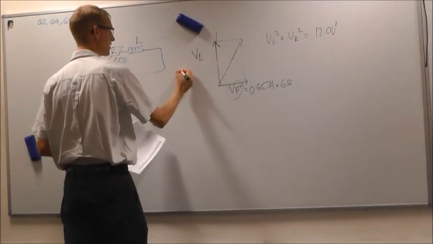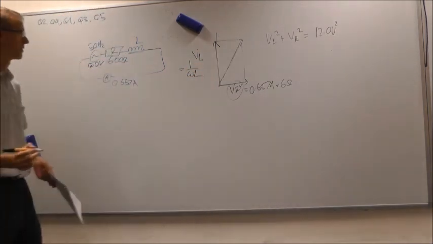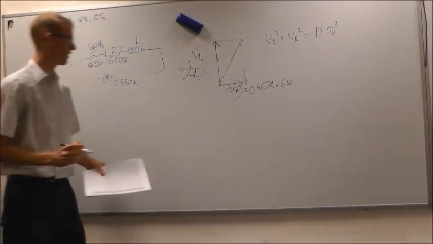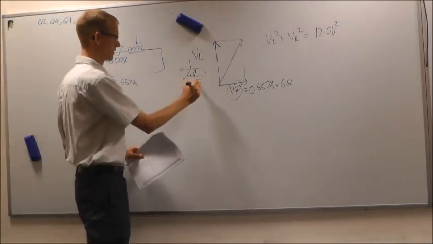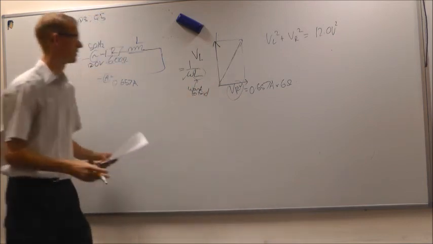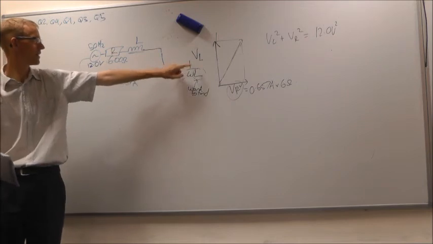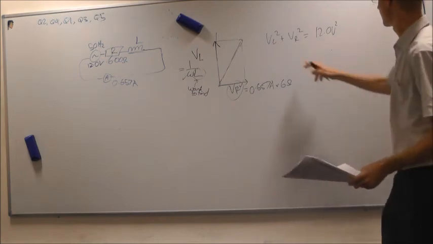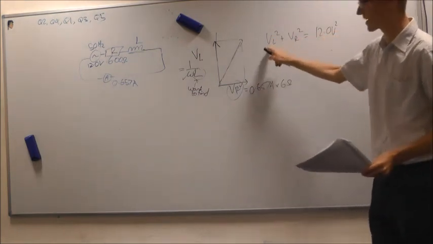VL is going to be I times omega L. Omega we know, L we want to find, that's our unknown. So if we know VL, we can get there. We don't know VL, but we do know that VL squared plus VR squared equals 12 volts squared, and we know VR, that'll tell us VL.